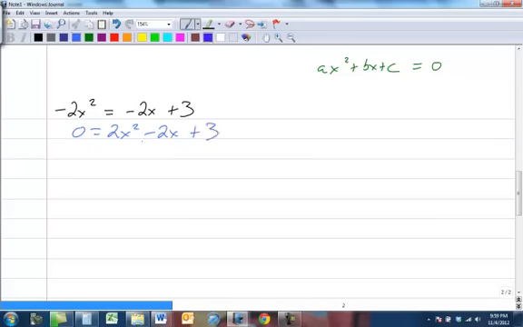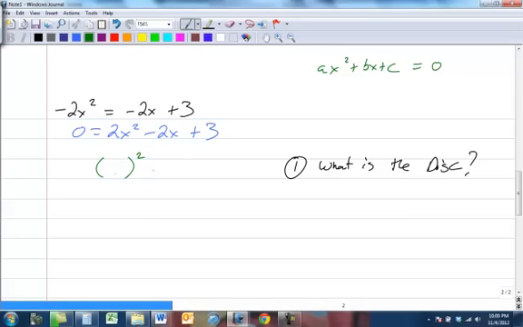So first thing, before we dive into the quadratic formula, let's do a couple other things first. One, what is the discriminant? Let's find that first. The discriminant is going to be b squared. Now, I always put parentheses around b, no matter what.